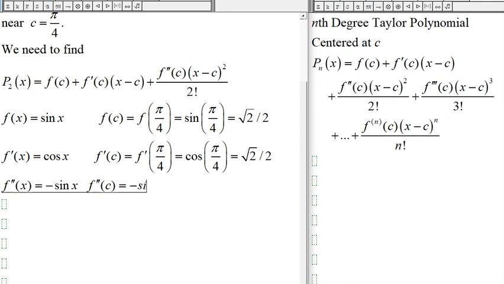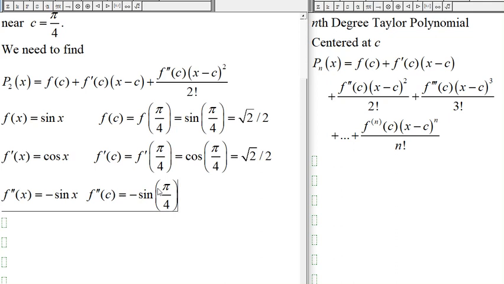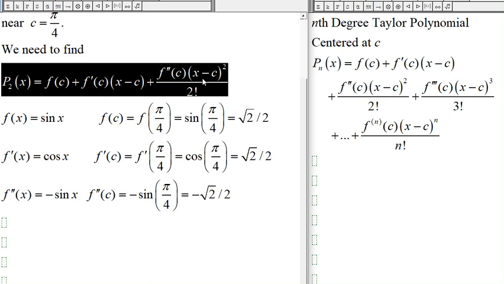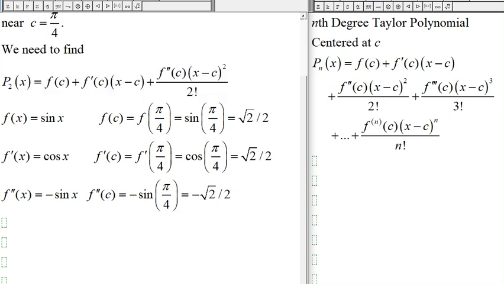So this will be negative sine of pi over 4. And this will be negative square root of 2 over 2. So now we've got f of c, the first derivative at c, and the second derivative at c. Now we are ready to form the second degree polynomial.